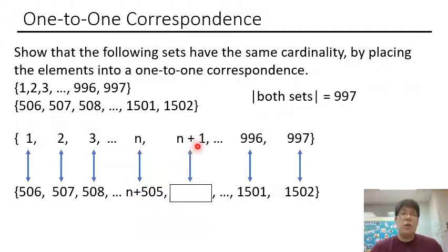Then n plus 1, the next element after n, should be matched up with this number, adding 1 more to it. So that's going to be n plus 506.